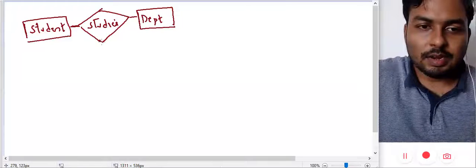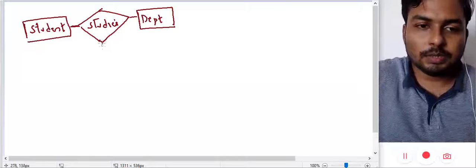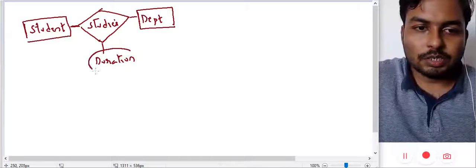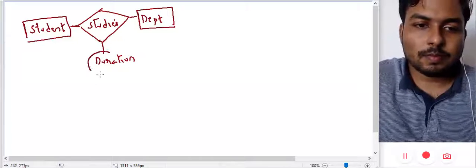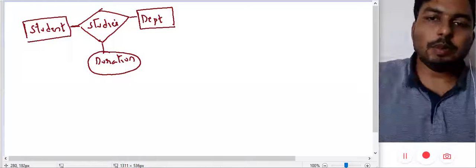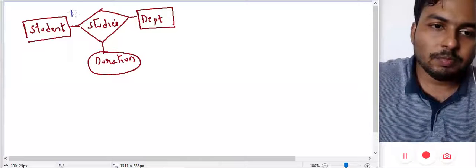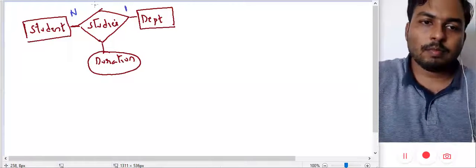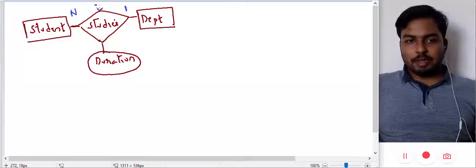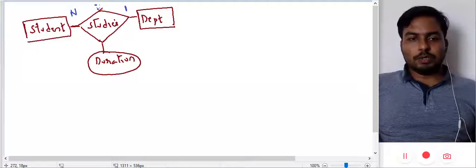The studies relationship set has a descriptive attribute called duration, and it is a many-to-one relationship. One department can have many students. A student can be associated with at most one department, and a department is associated with zero or more students. Understood?